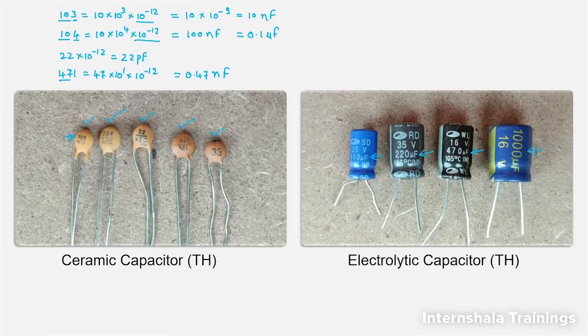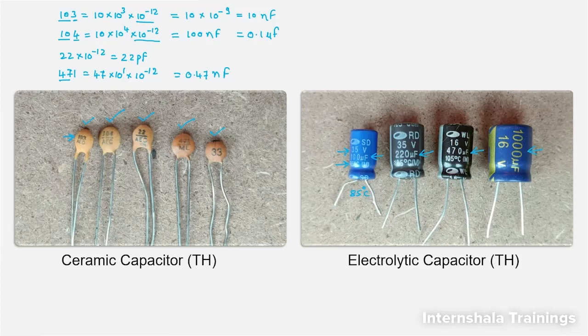Along with the value of the capacitor, you will observe that they have also given the voltage rating. So whenever you get an electrolytic capacitor, you get three different parameters: the value of the capacitor, the voltage rating, and the temperature range in which that capacitor can be operated. On this capacitor it's written 85 degrees Celsius, so you can operate it up to a maximum of 85 degrees Celsius.